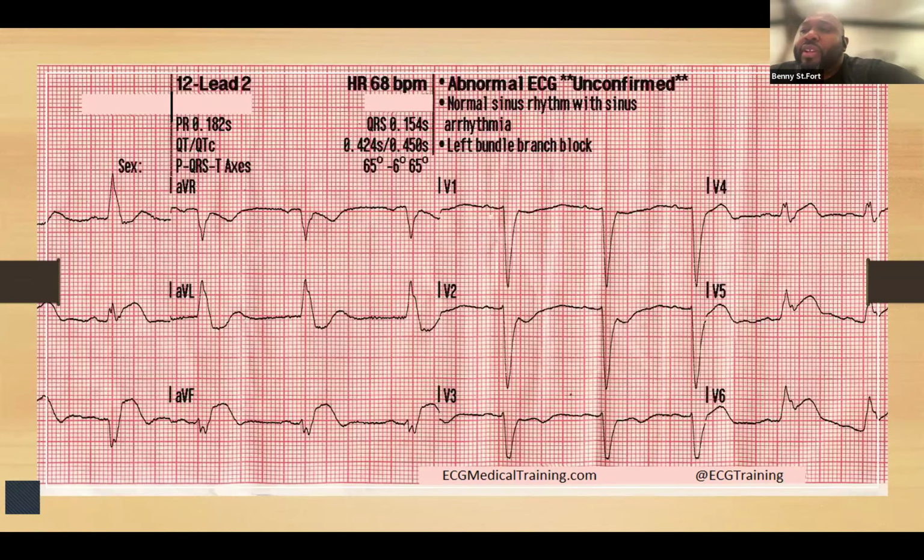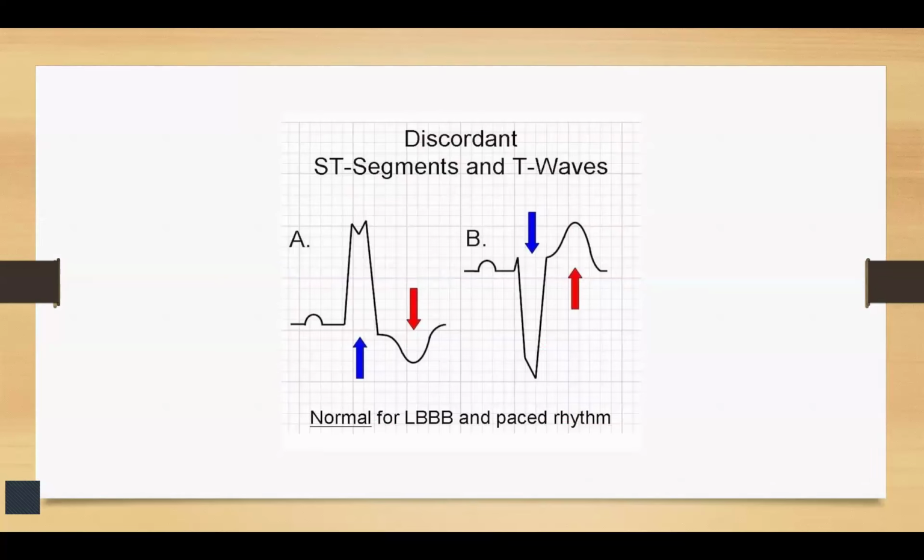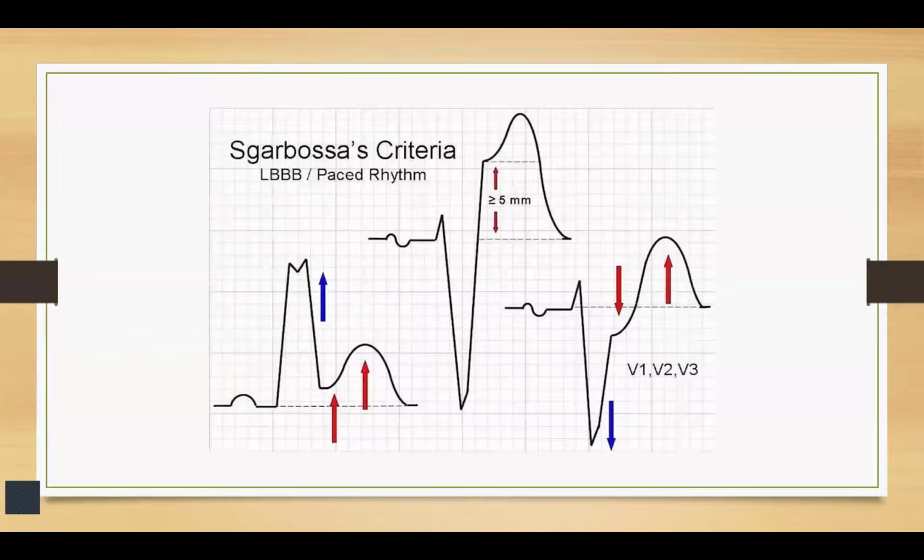Then we're going to go to this one, as a quick reminder, same visual. That's the expected discordance. Then we're going to go to this visual, which starts to look like our patient's 12 lead.